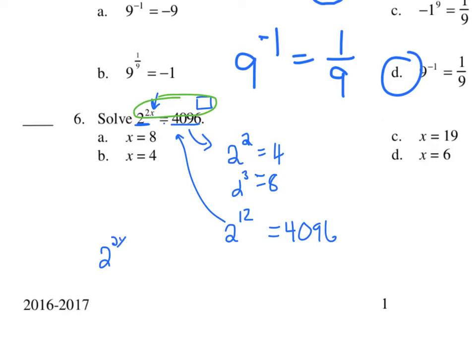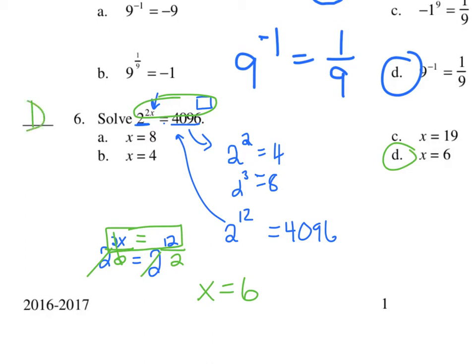So it'll be 2 to the 2x equals 2 to the 12th. And now that we have the same bases, now we can just solve the equation from the exponents. So we'll divide both sides by 2 to get x by itself, and x will equal 6. So this answer is D.